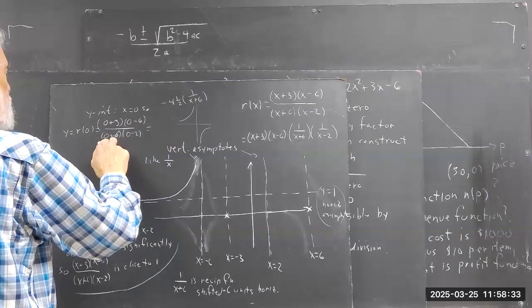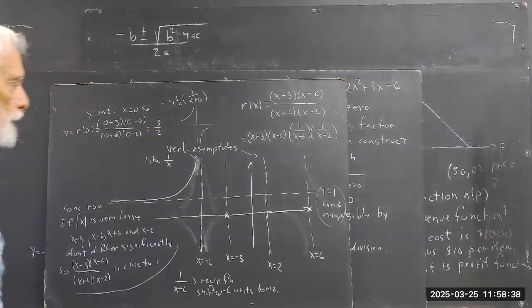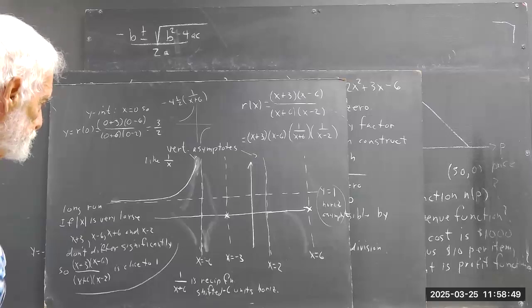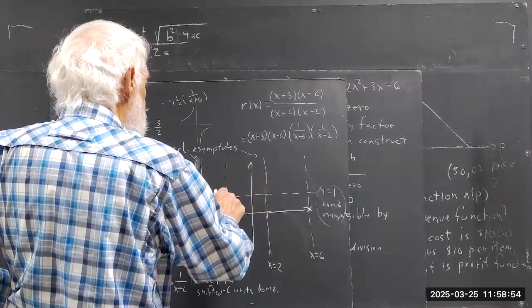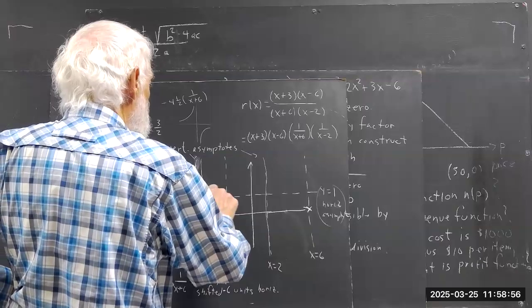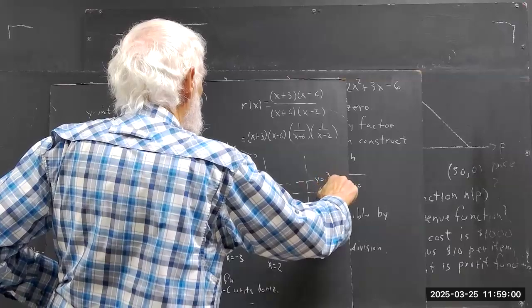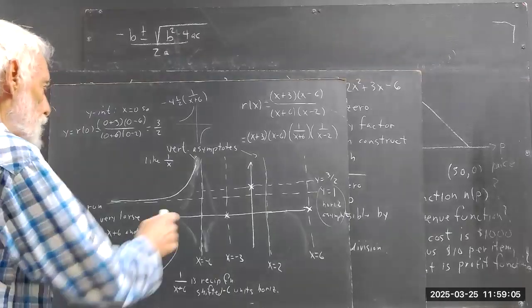That's negative 18 over negative 12. That's 3/2. So here we have the line y equals 3/2, and there's our y-intercept. So now it makes sense.